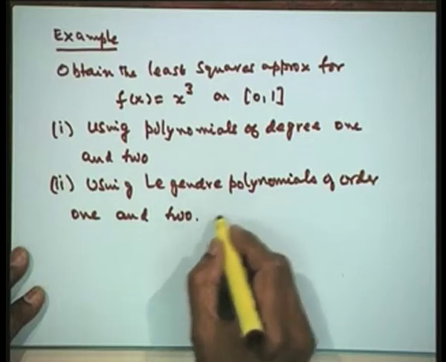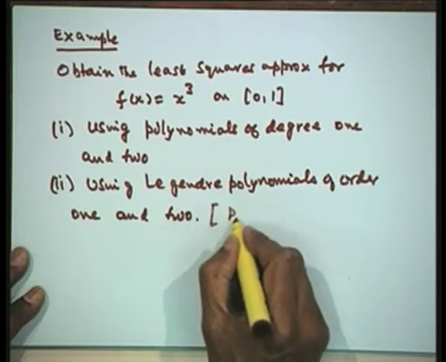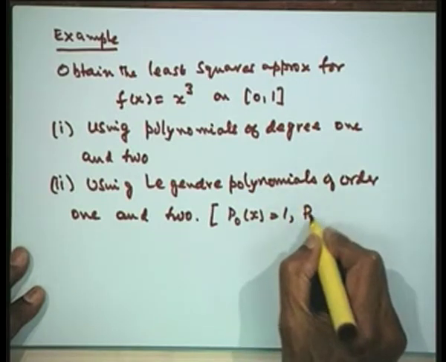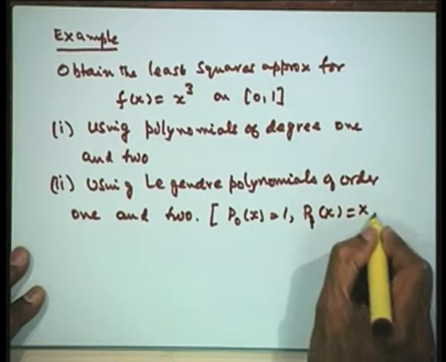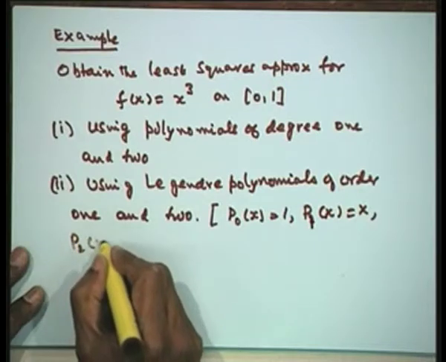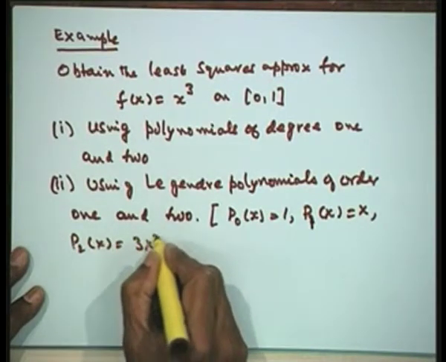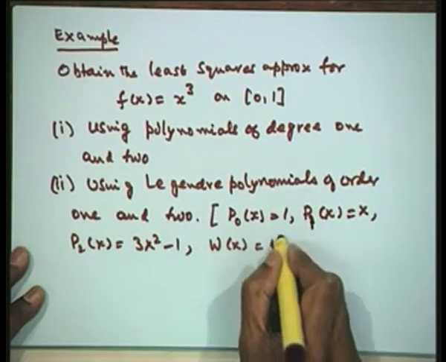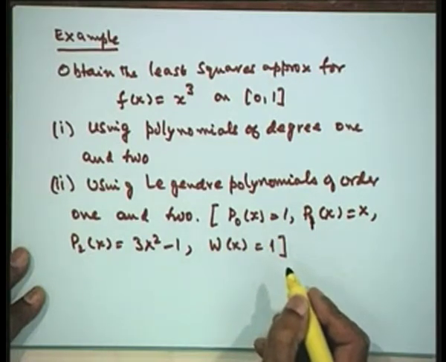Let us also give the data here that is required for us. P naught x is equal to 1, P 1 x is equal to x, P 2 x is equal to 3 x squared minus 1, and W x is equal to 1 for the case of the Legendre polynomials.